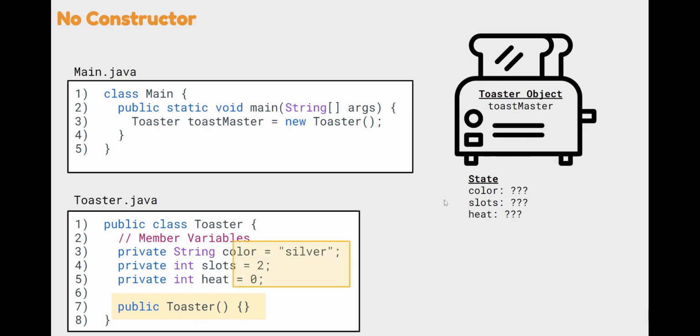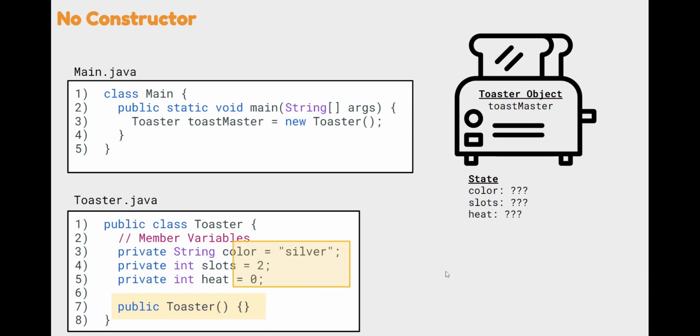The question is, what is the state of this object going to be if on lines 3 through 5, we have values for those three variables? Would it still set color to null and slots to 0 and heats to 0? Or would it use these provided default values on lines 3 through 5?